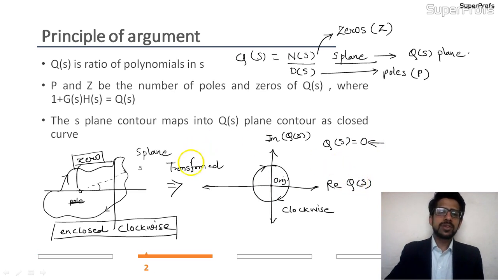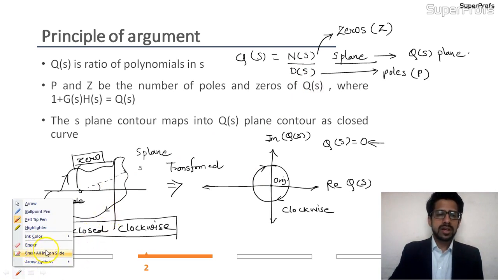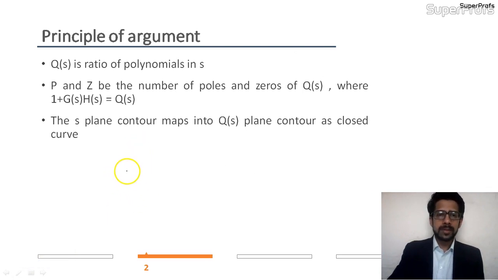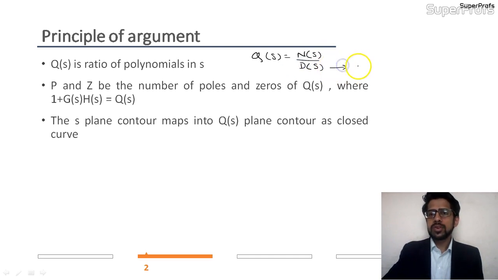Now we will do the same analysis for a pole, that is the root of the denominator, the root of D(S). Let us see what changes when we enclose a pole. You have Q(S) equal to N(S) by D(S), where a root of D(S) is a pole, which is shown as a cross.